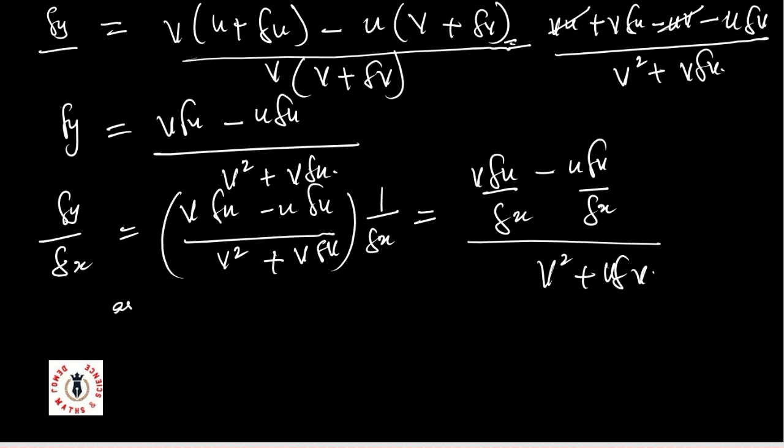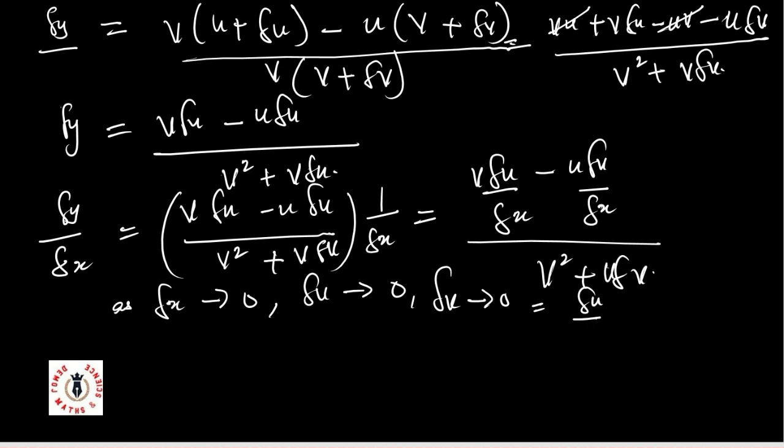Now, as delta x begins to tend to 0, we say that our delta u also will obviously tend to 0, delta v will tend to 0, and delta u over delta x will tend to du dx, and delta v over delta x will be equals to dv dx.